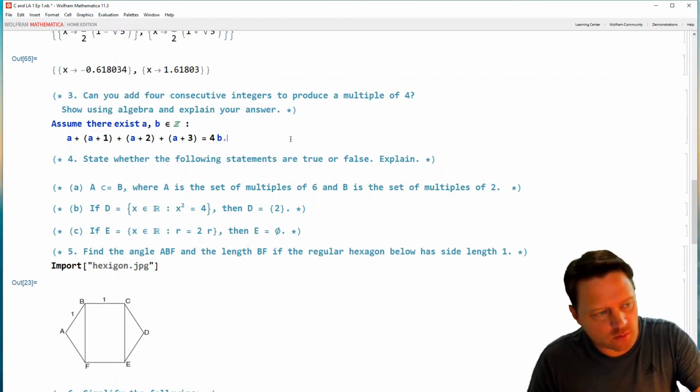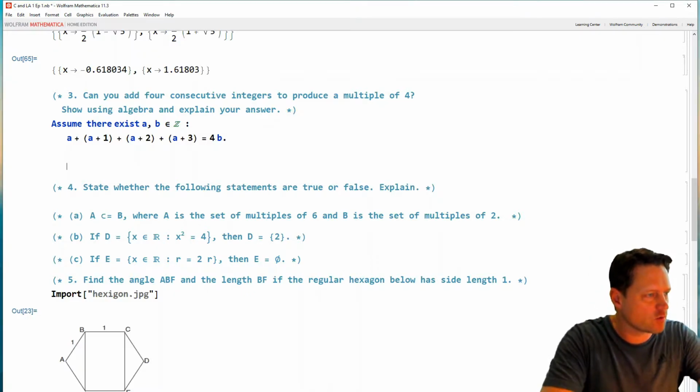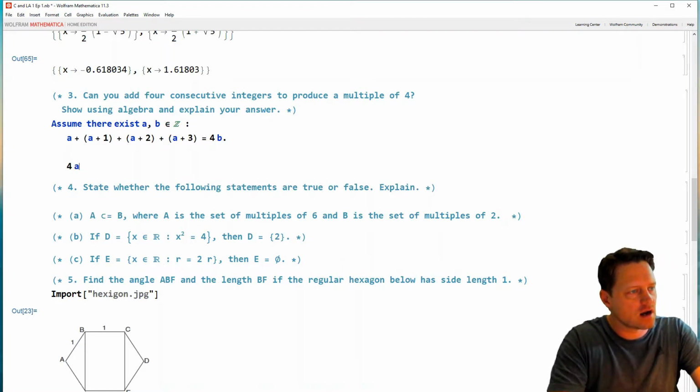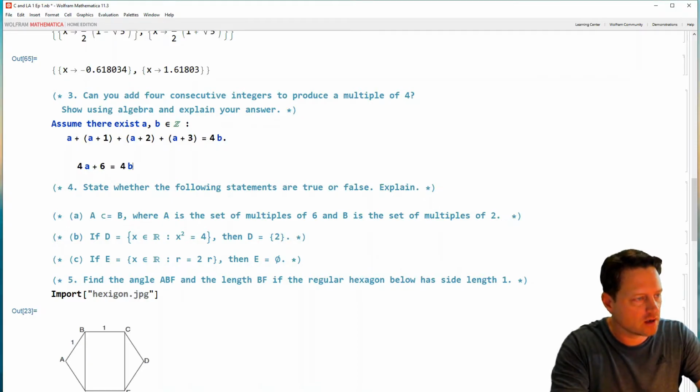Okay, so given that we've got our hypothesis here, let's simplify this. So what does this mean? If we simplify the left-hand side, then we would have 4 of the a's, and then 1 plus 2 plus 3 is 6. So plus 6 is equal to 4b.